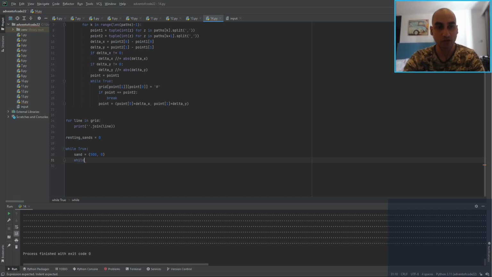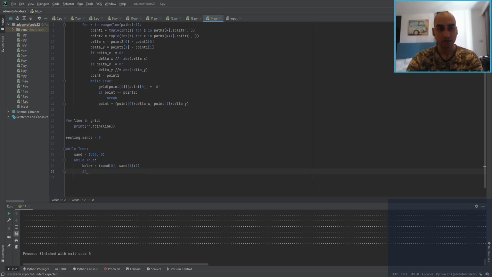This one is the falling loop. While true. So below equals sand 0, sand 1 plus 1. So that's just falls down one space below.